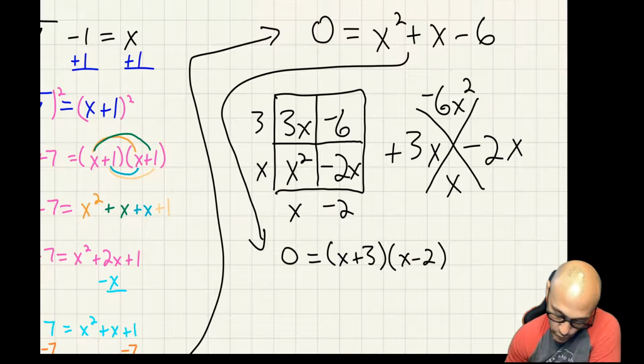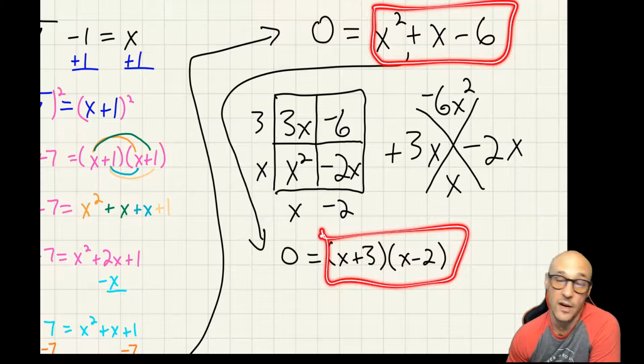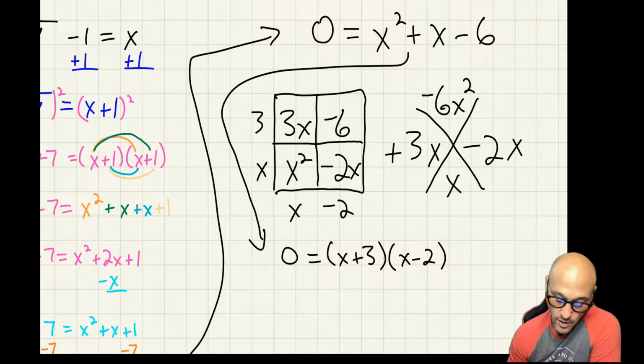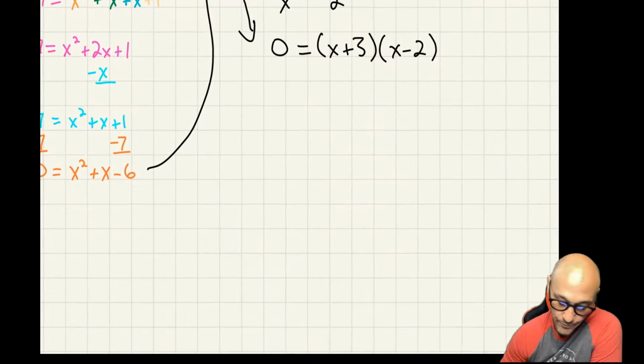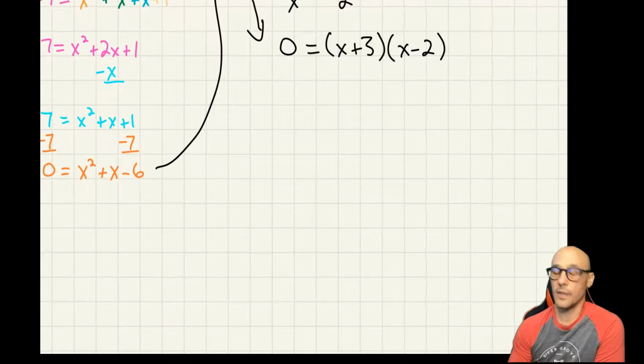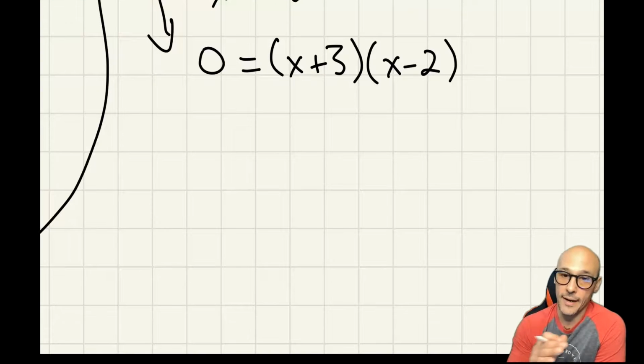So now we have two binomials, this one and this one, that we are multiplying together. So this and this, they equal the same thing. They're equivalent, but they're written in different forms. Standard form, factored form. And now this is where we use something called the zero product property.